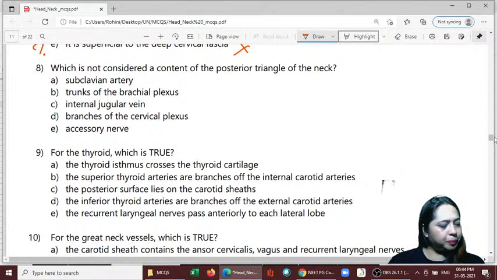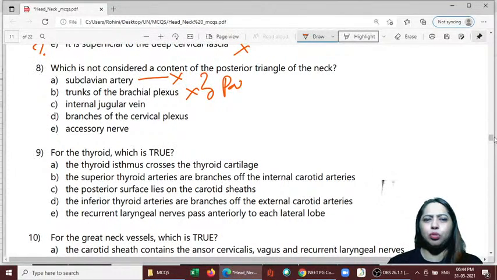Anybody? Subclavian artery, is it a content? No. Trunks of brachial plexus, you can't say it is a content because it is just passing through that triangle.